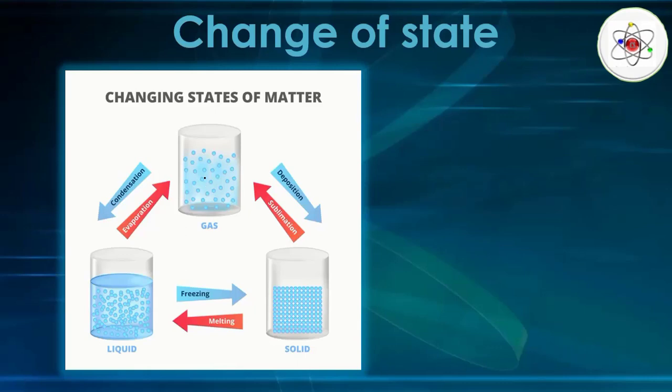When a gas is cooled down, or we decrease the temperature of gas, the gas is changed into liquid, and the process is said to be condensation. A liquid is solidified again, and the process is called freezing. Sometimes gases do not change first into liquid, but change directly into solid. The process is said to be deposition or desublimation.